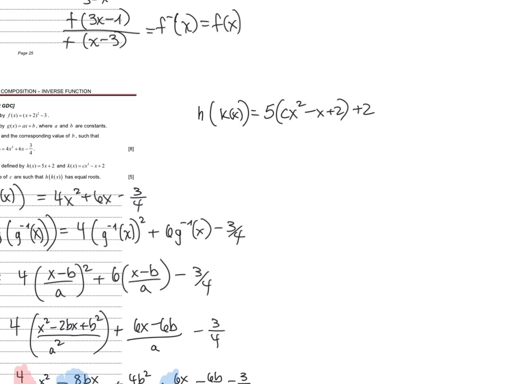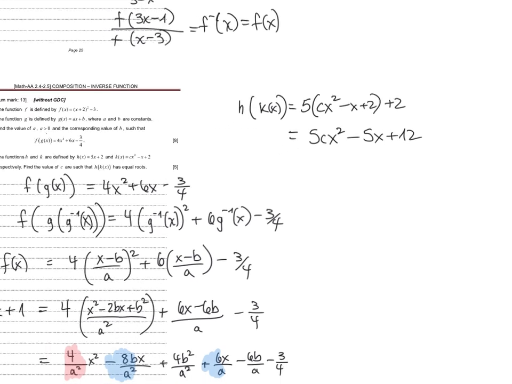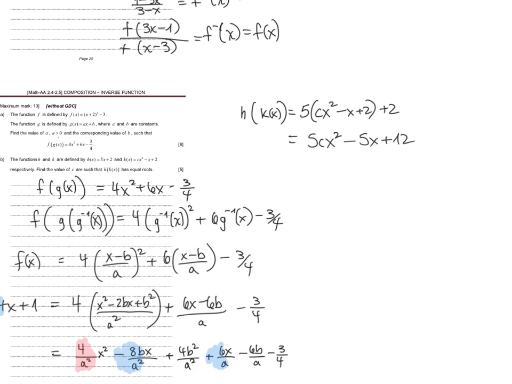And if we do this out, we have 5cx squared minus 5x plus 10 plus 2, which is plus 12. So then we want them to have equal roots. So that's the discriminant. And b squared is 25 minus 4ac.